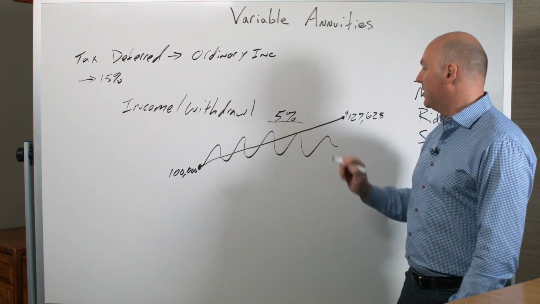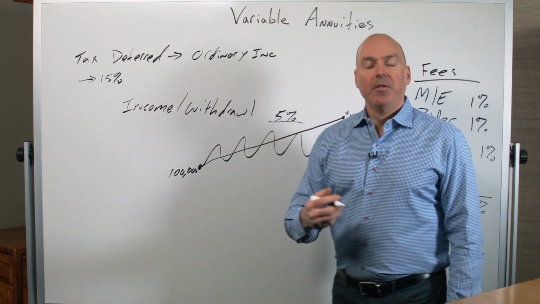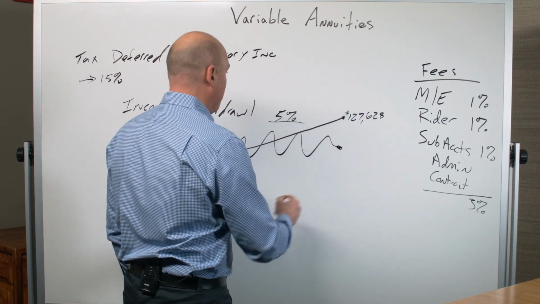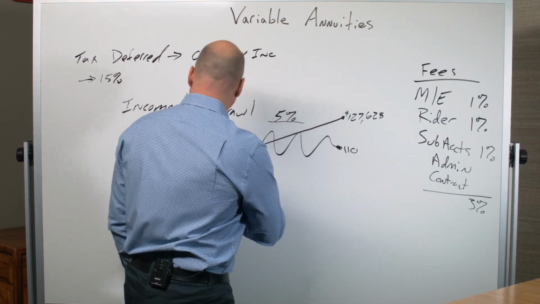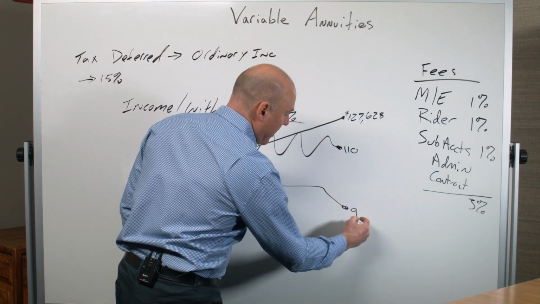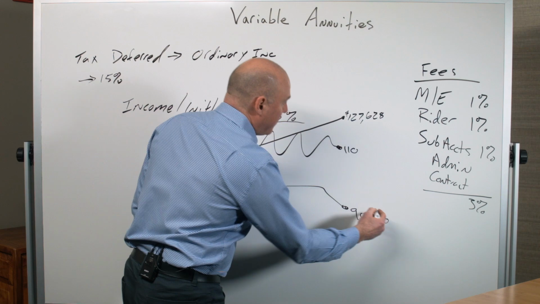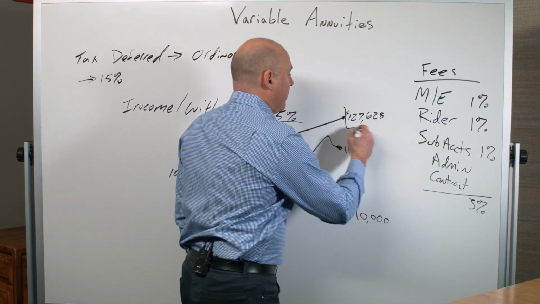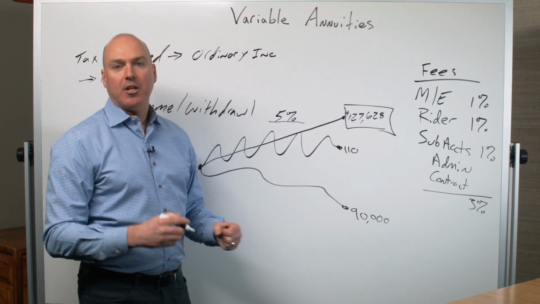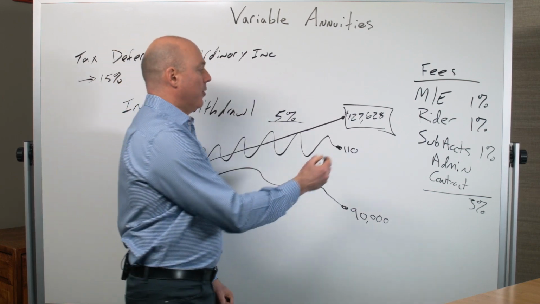And so what that means is that regardless of what the value of those underlying investments are, even if the investments are worth $110,000, or let's say that those investments maybe didn't do anything, maybe they went down in value, maybe they were only worth $90,000, what that benefit base means is that $127,000 is going to be used to calculate your income.